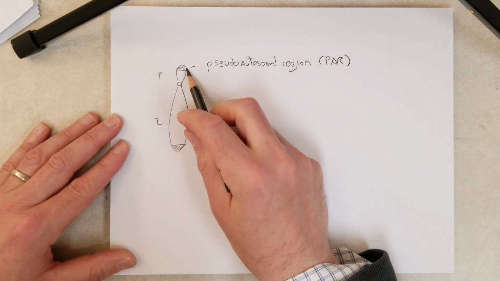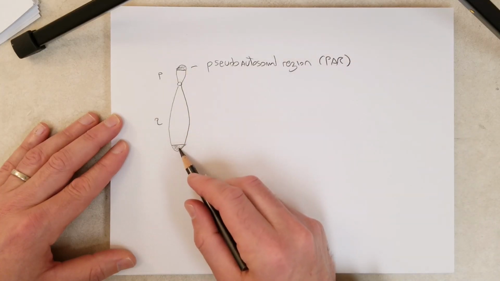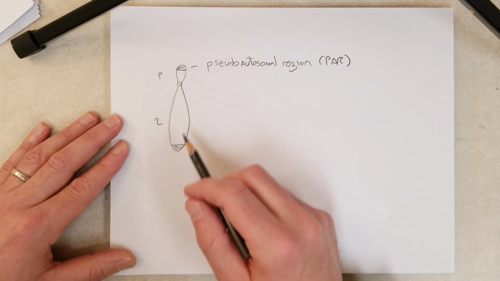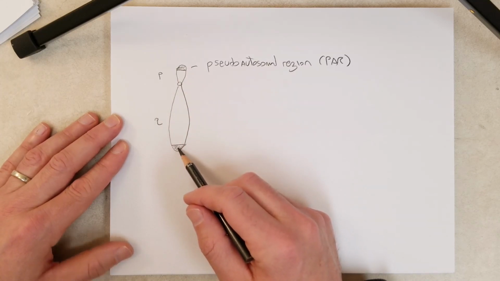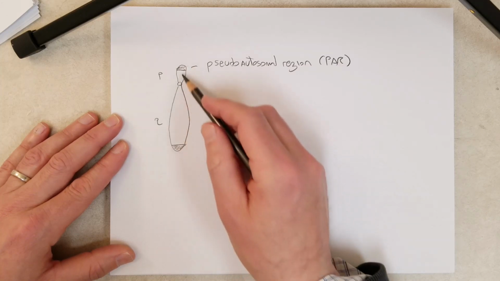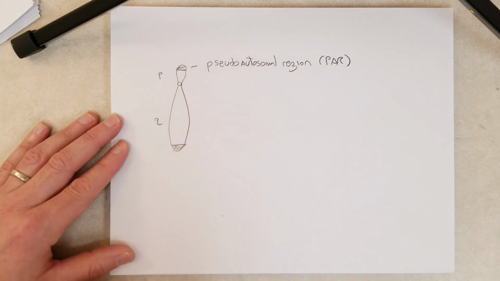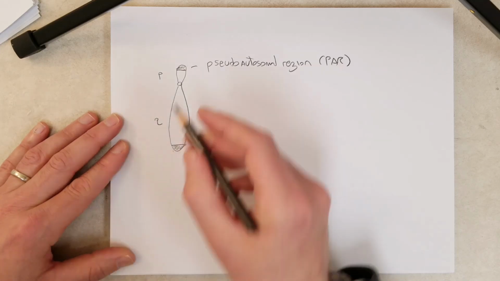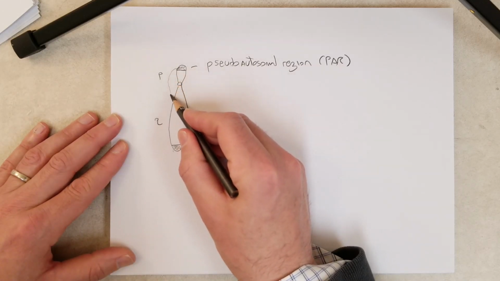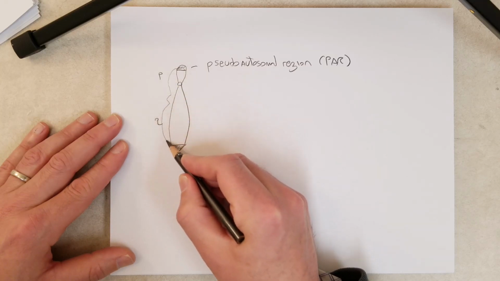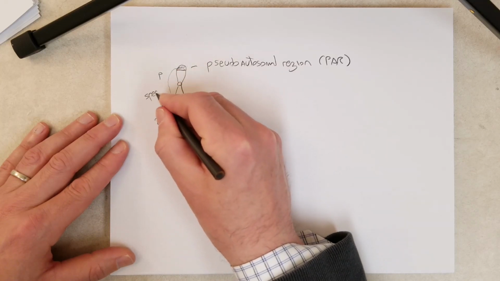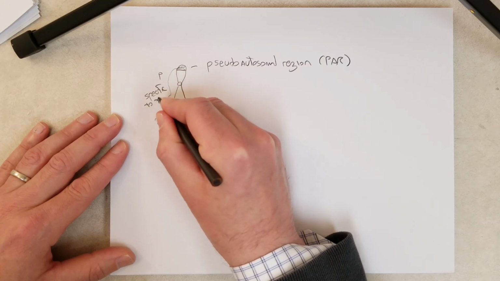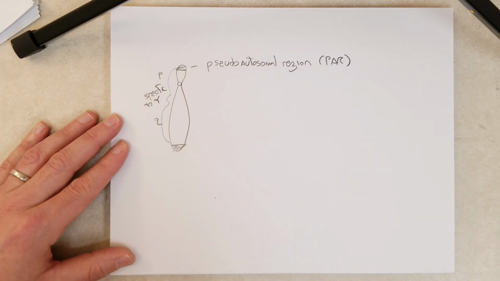So this is a PAR region up here, there's one down here, and these are the things that allow the Y chromosome to pair up with the X chromosome during meiosis, because these sequences are similar to the sequences found on the X chromosome. Now all this stuff in between the pseudo-autosomal regions is specific to the Y, so it's unique to the Y, and it's not found on any other chromosome, including the X chromosome.